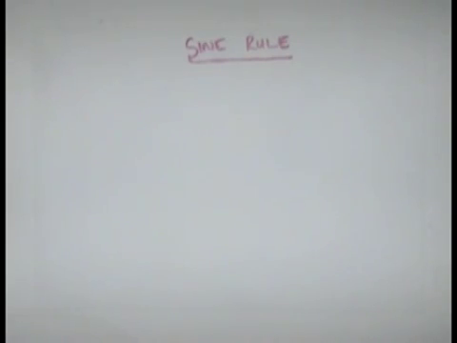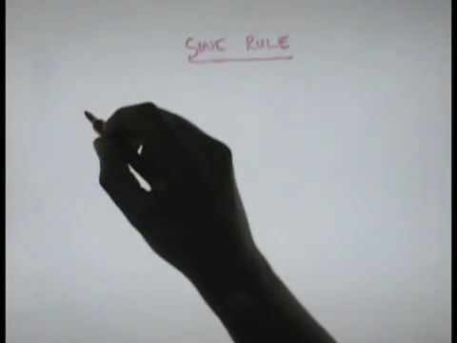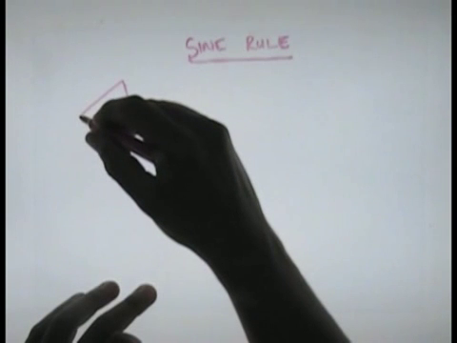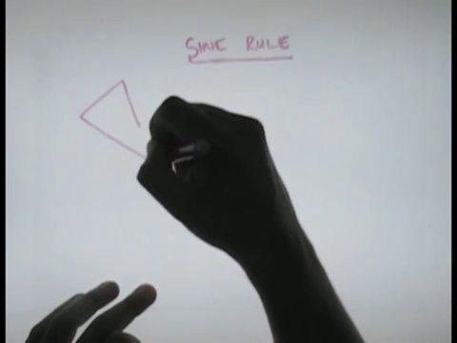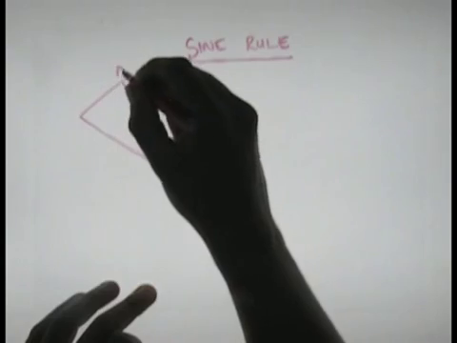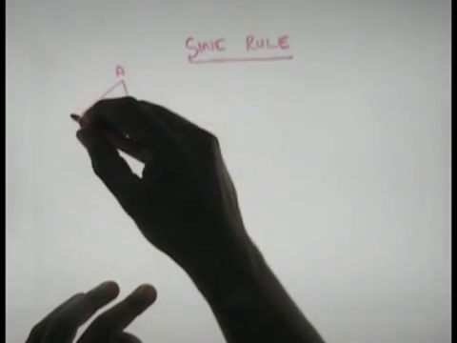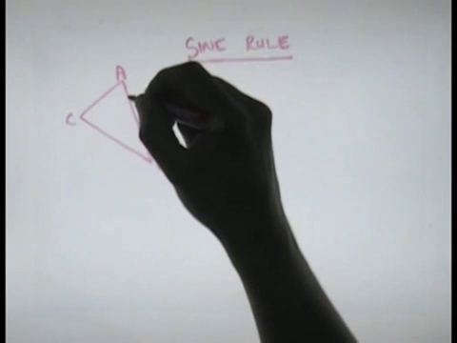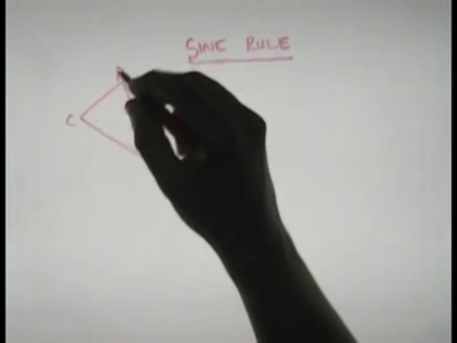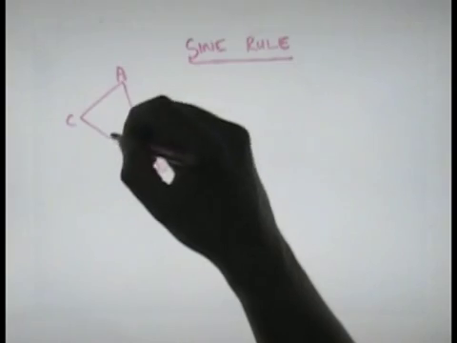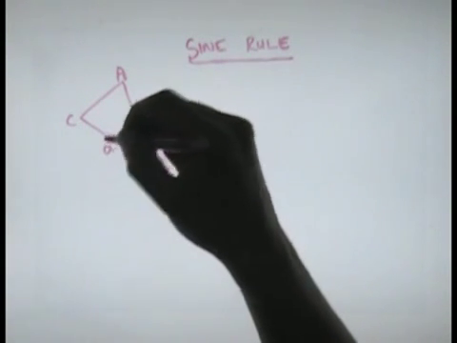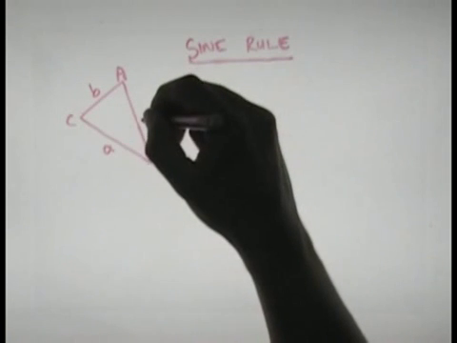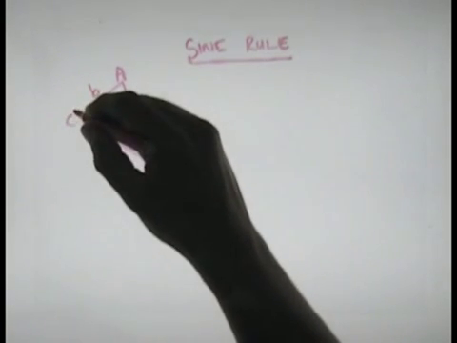We are now going to have a look at the sine rule. The sine rule says that in any triangle ABC, let's draw that out, A, B, C. By the way, with any triangle, for example ABC, the side opposite angle A is denoted as small letter a. That will be small letter b and small c.